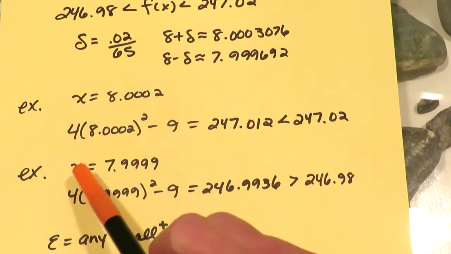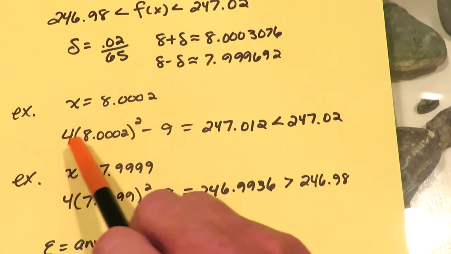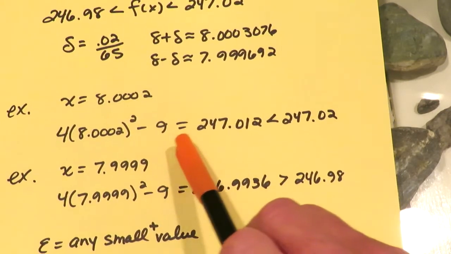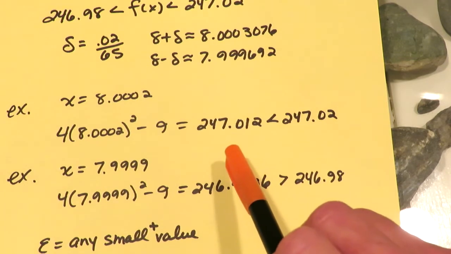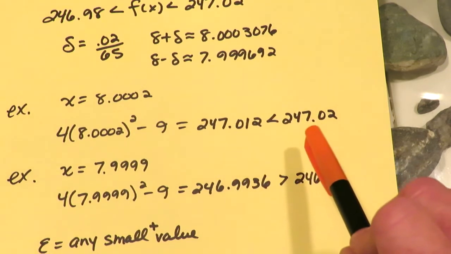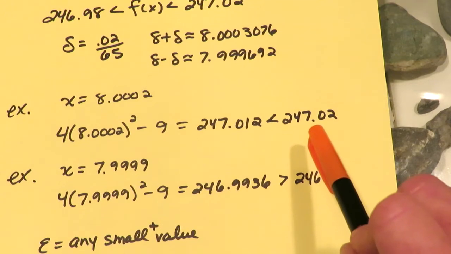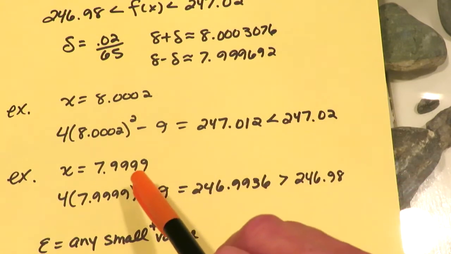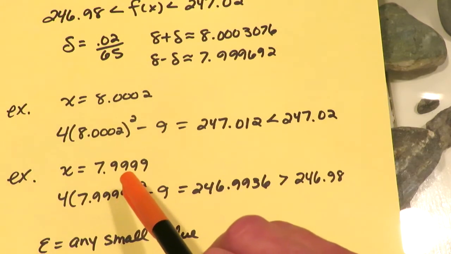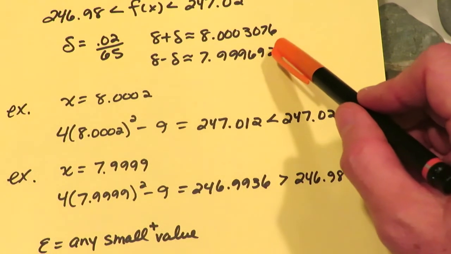When I plug that into my function, remember the function was 4x squared minus 9, I get 247.012. Well, that is within epsilon of 247. It is less than 247.02. Pick another number that's in that range, 7.9999. That falls in that range.